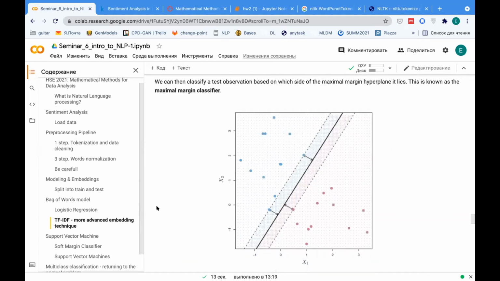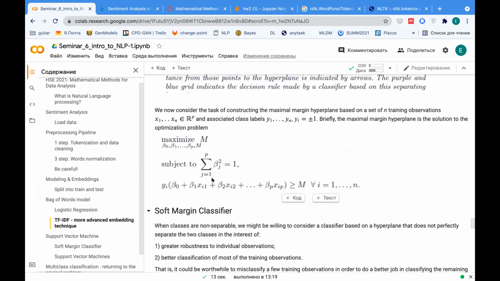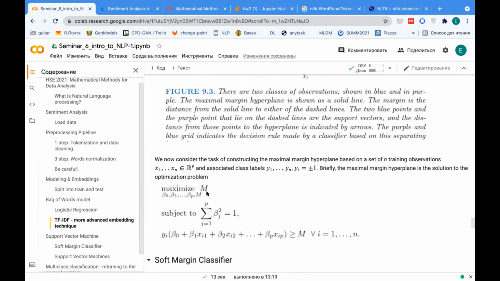And for the maximum margin classifier, what we do is say that we need to find the maximum margin that can separate our points. And how we do it: we make our model and we say that it should be greater than this margin.